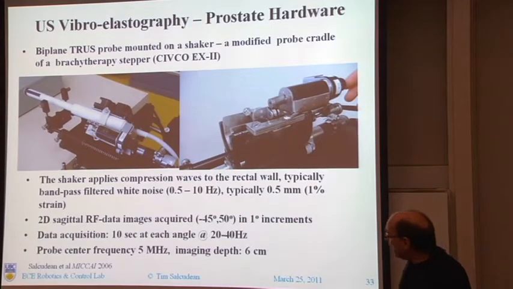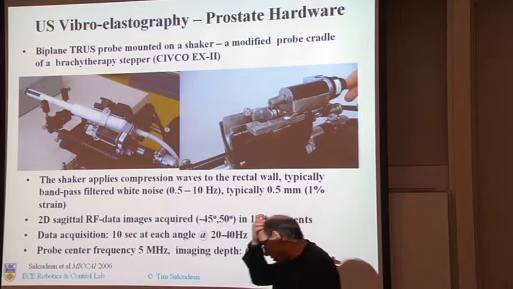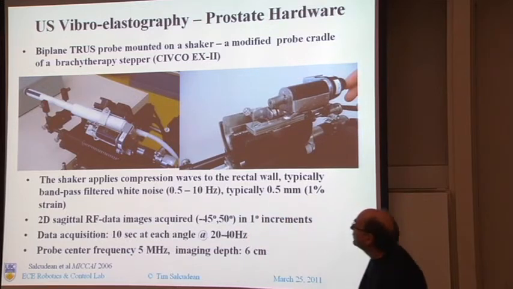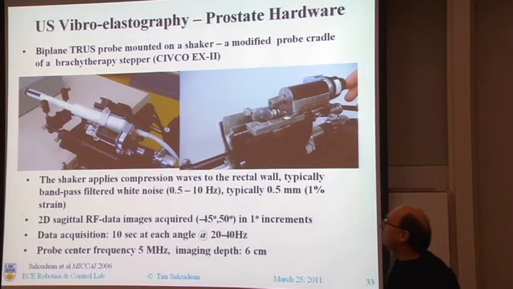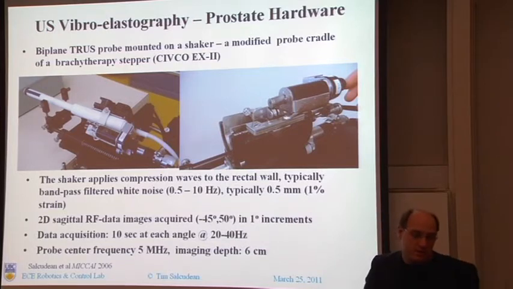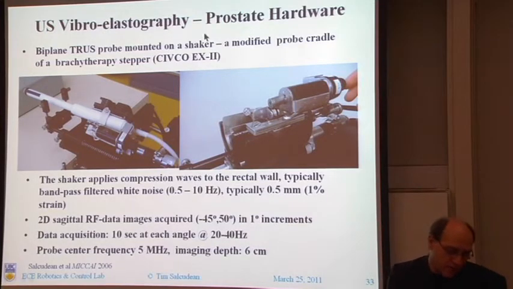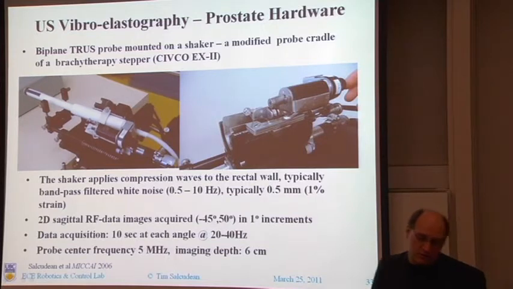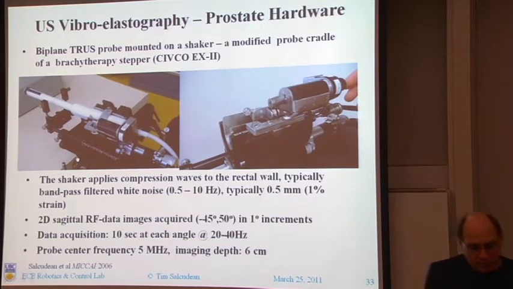So most of the approaches that I've described before have been primarily implemented on phantoms. In fact, our ultrasound elastography system has been used in a number of patients, and this is how it works. We acquire a three-dimensional sagittal image of the prostate by using an endorectal transducer.